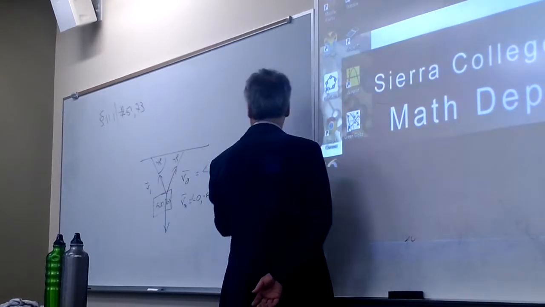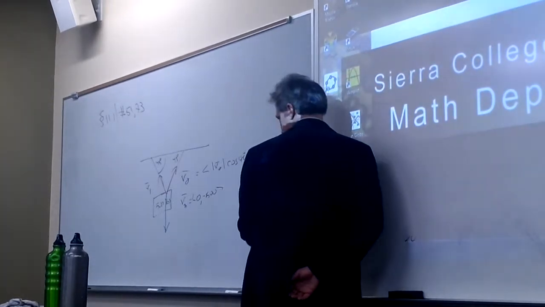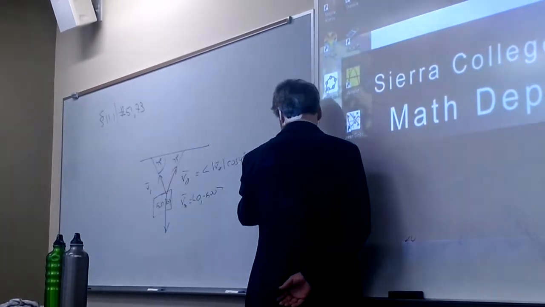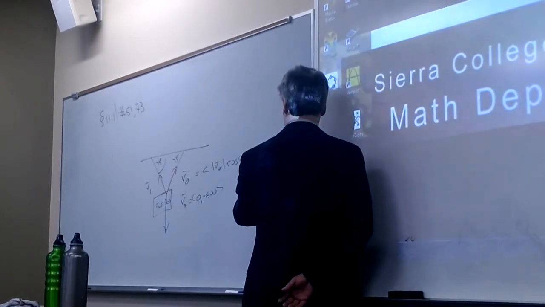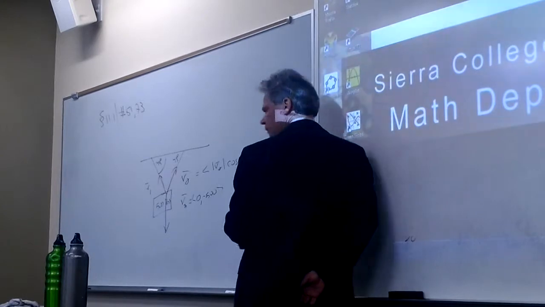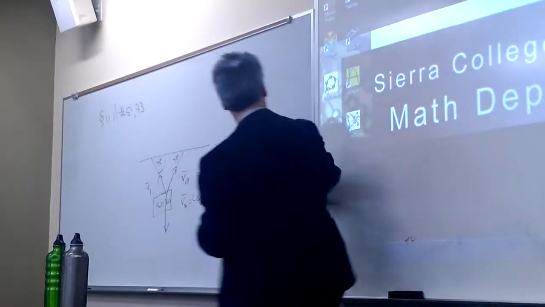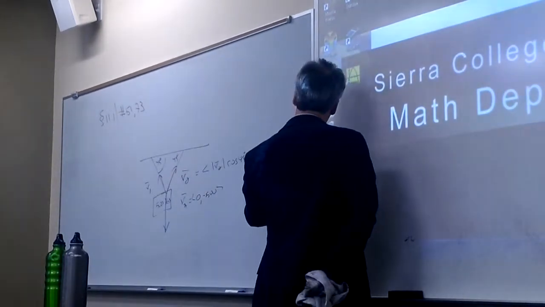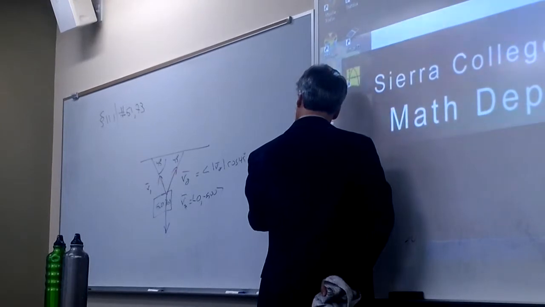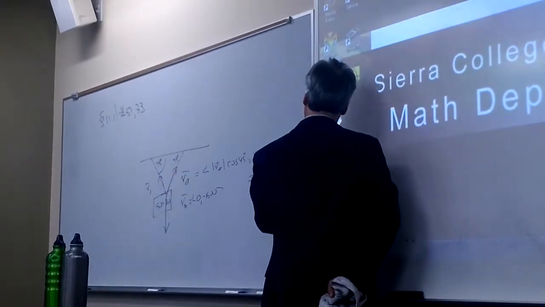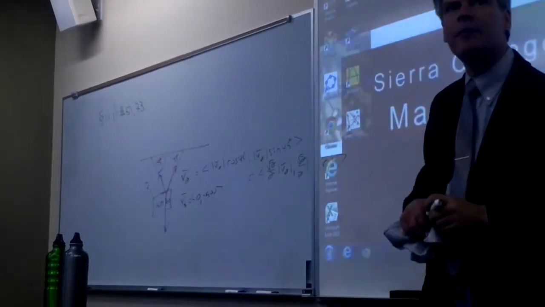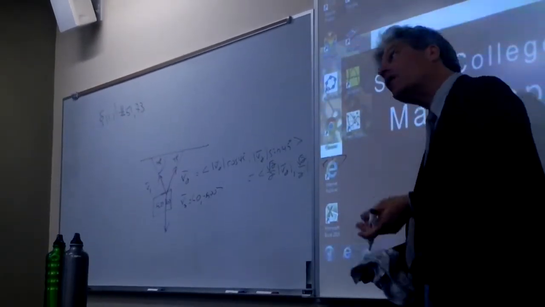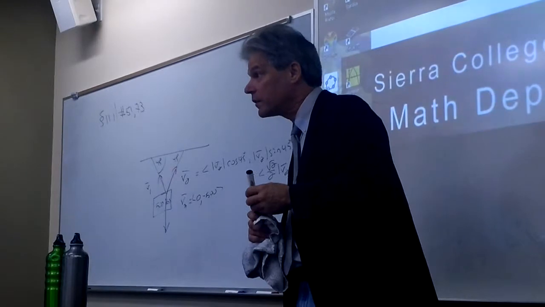Or if you guys prefer, actually root 2 over 2 times the magnitude. Do you guys agree? Same thing with V1 bar. It's just the magnitude of V1 bar instead of V2 bar, but same coefficients.